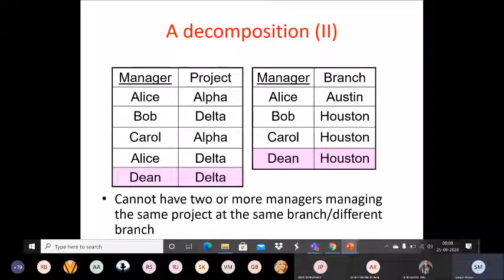You have divided this table into 2-3 parts as you wish, but you have lost your original functional dependency, and then different types of anomalies will come.